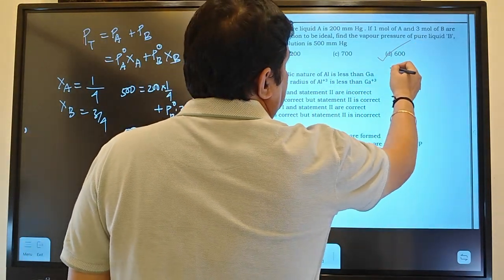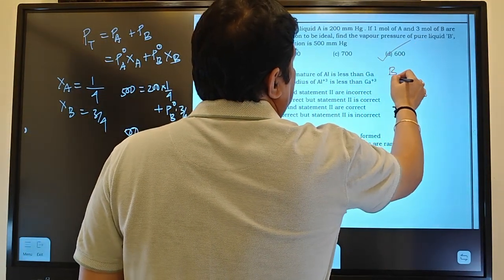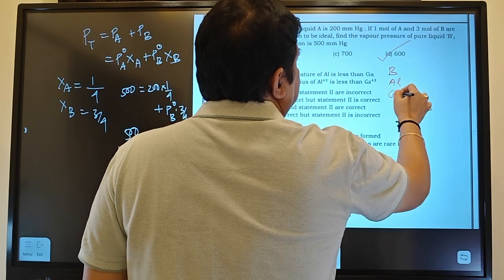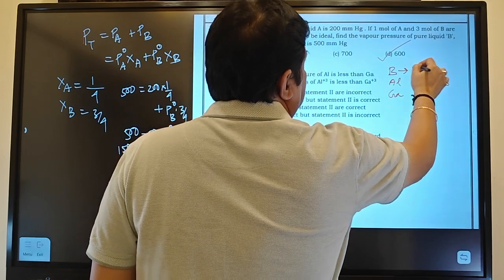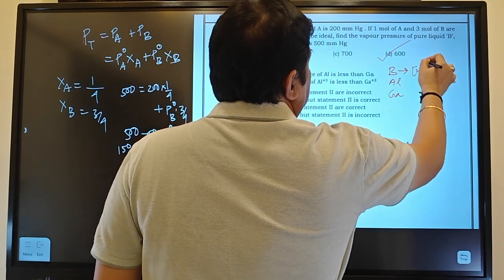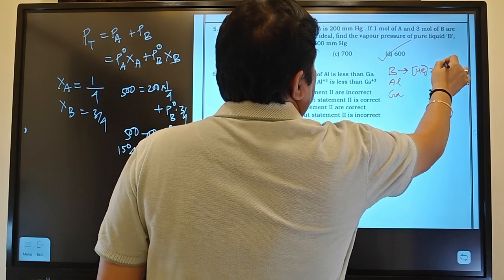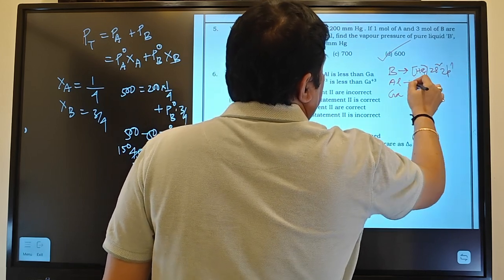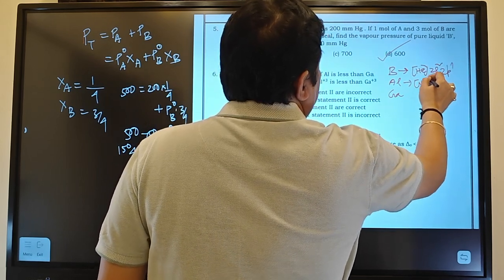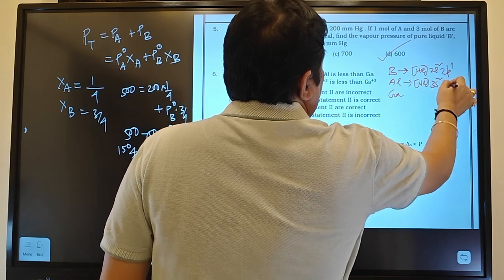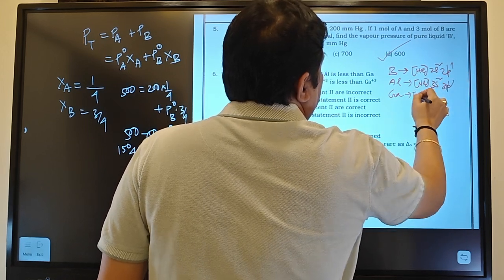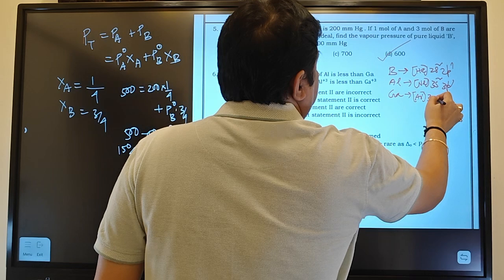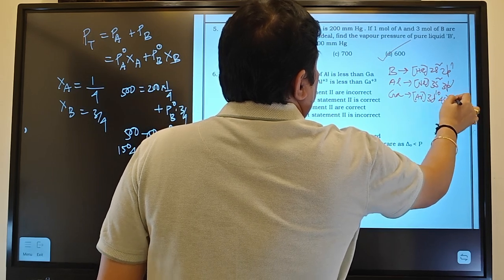If you look at boron, aluminium, gallium: boron has helium core and 2s2, 2p1, whereas aluminium has neon core 3s2, 3p1, whereas gallium has argon core 3d10, 4s2, 4p1.